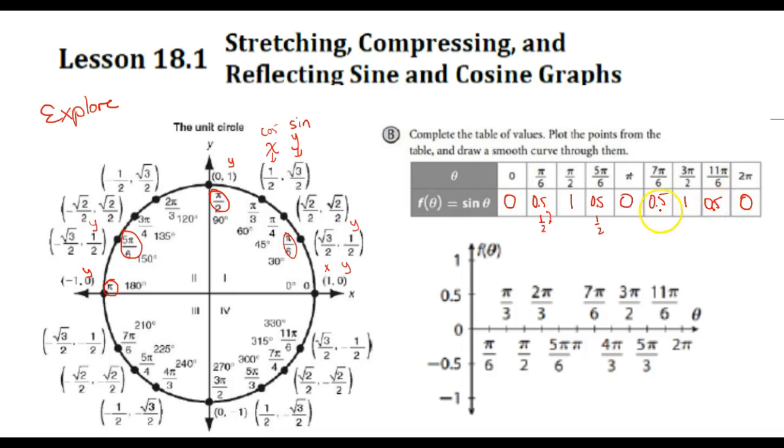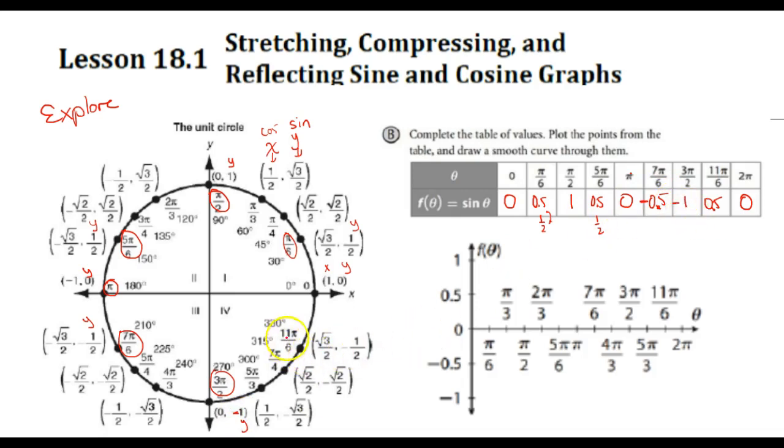But before I say this is correct, let me go and check each one of these. So 7 pi over 6, our y value, oh, it's actually a negative. Okay, so I was kind of close. 3 pi over 2, our y value, that would be negative.